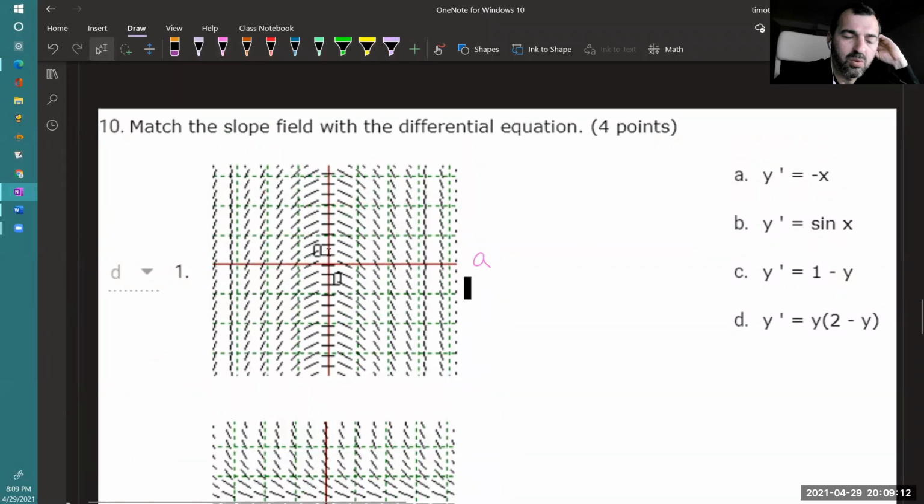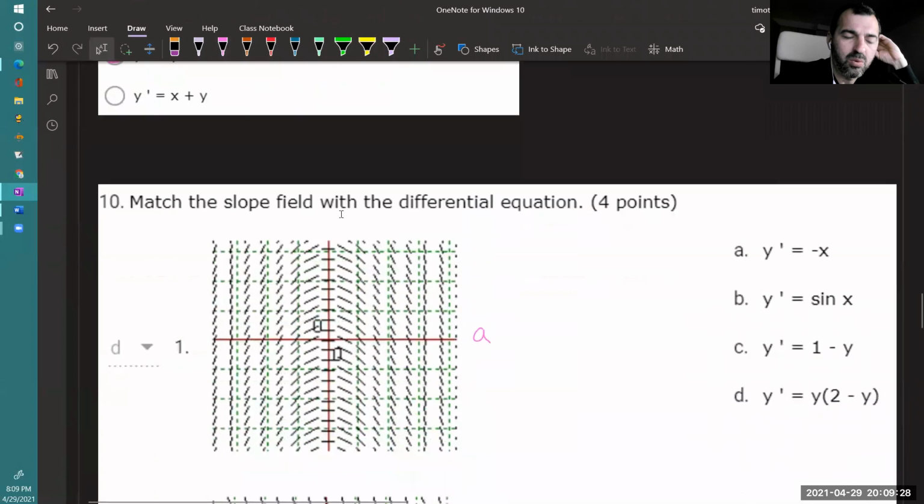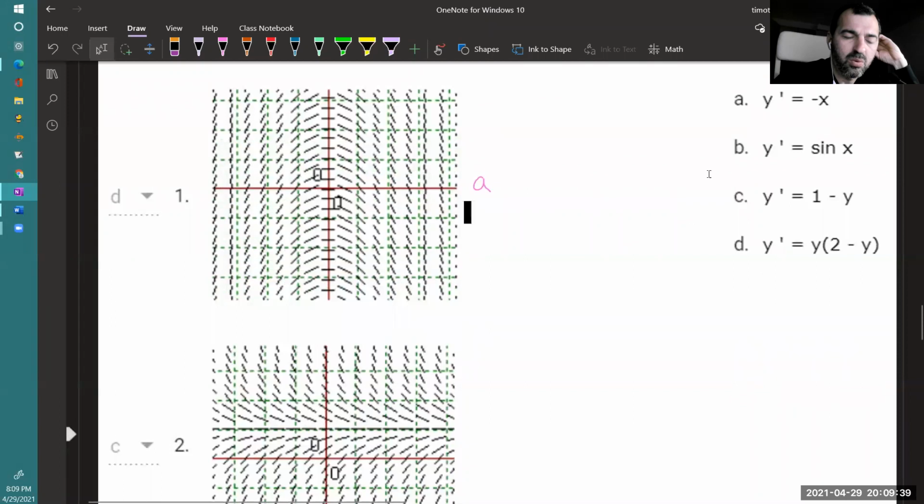Well, what's my x coordinate here? My x coordinate is 1. And what's my slope? -1. And it's -1, -1, in all of these locations. So just like how if we have rows of parallel slopes, there's no x, when there are columns of parallel slopes, there's no y. And that's what we've got there. So that's pretty cool.